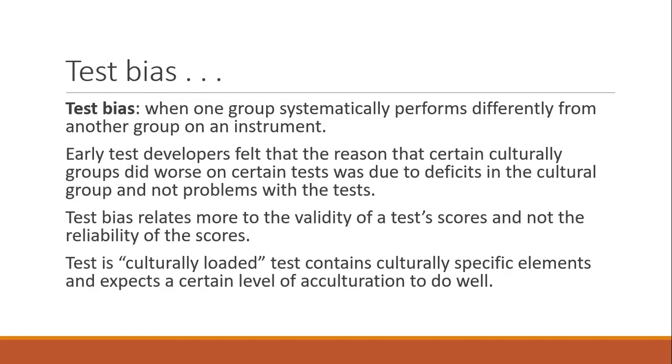And then we talk about test bias. Test bias is when one group systematically performs differently from another group on an instrument. So we found that early test developers, old white men basically, were going out and giving tests, and they would find out that white kids did better than anybody else, particularly white male kids.